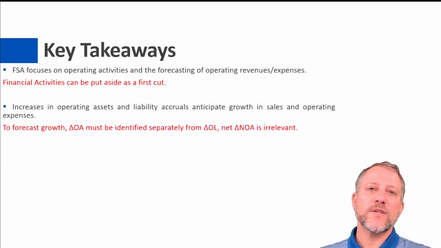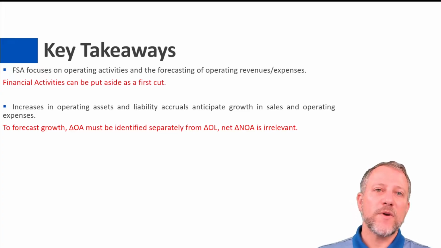And so first we said, how can we use the information in the current financial statements to forecast future growth of the company? And the key idea is that growth in the current balance sheet usually leads to growth in the income statement in the future, but that growth is on both sides of the balance sheet and both sides of the income statement.